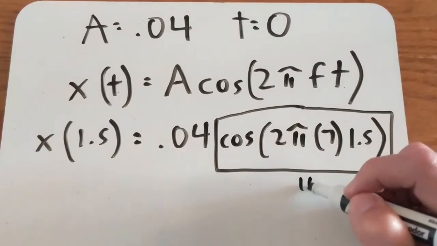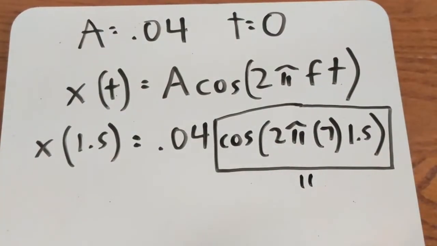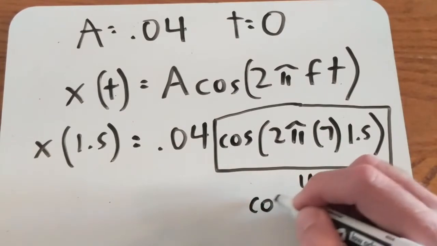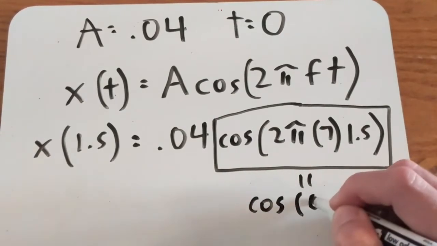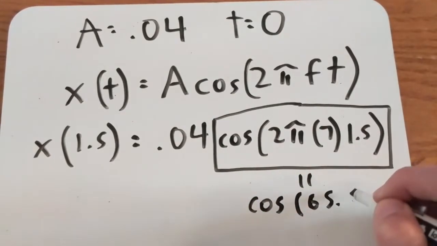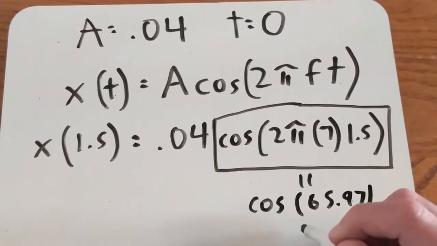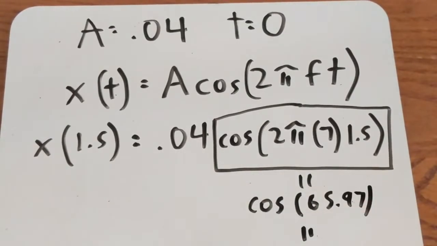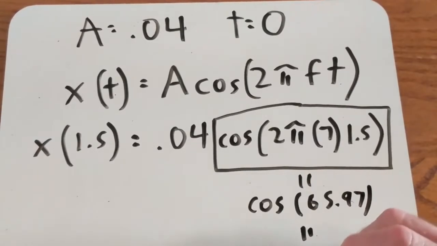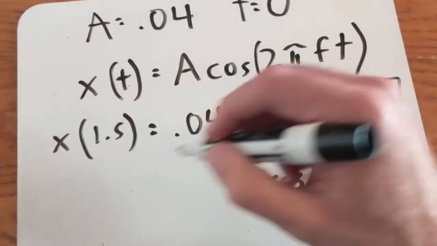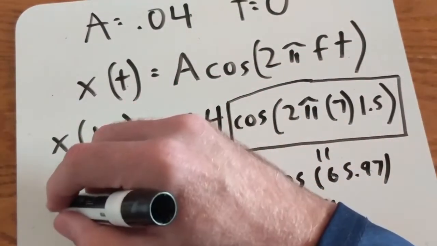You can check it on your calculator: 2 times pi times 7 times 1.5 gives me cosine of 65.97. And then in radians, cosine of that is equal to, actually, -1. So this whole thing here is equal to -1.